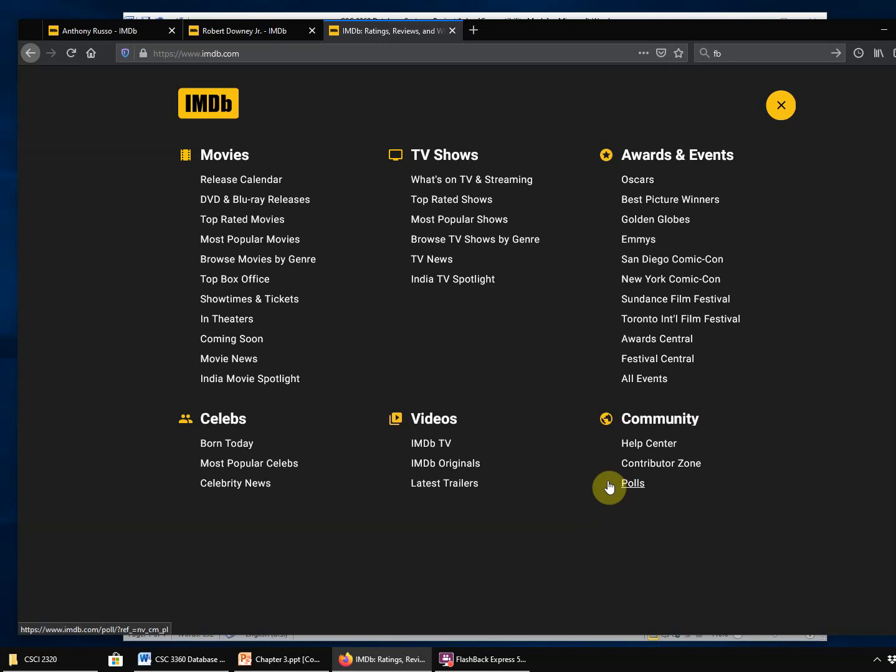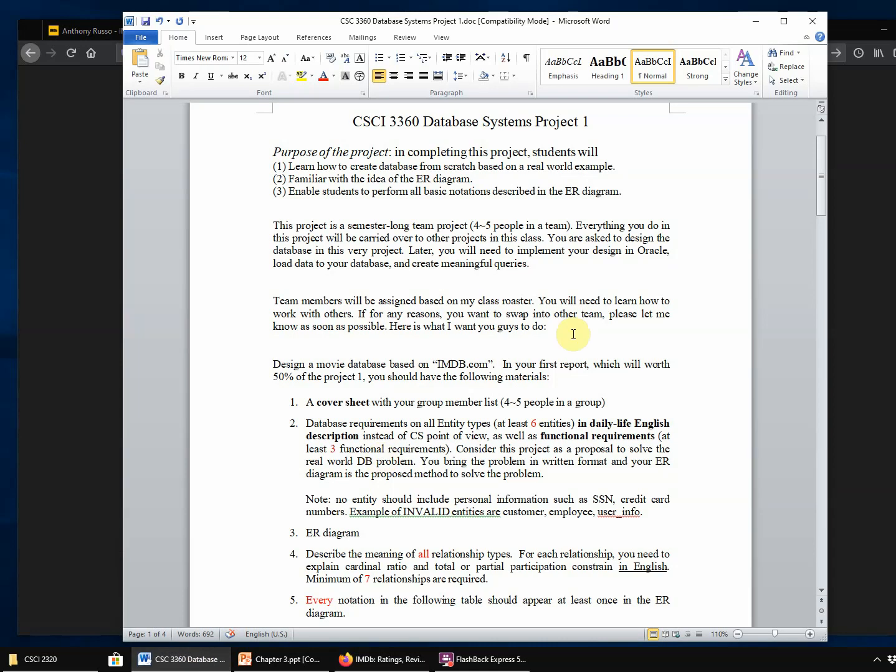Remember, the database design that we create is designed for loading all of that data and being able to make queries out of it. So if you create something from which you are not able to get the information, that's not going to be easy for you. So let's come back to the project description.